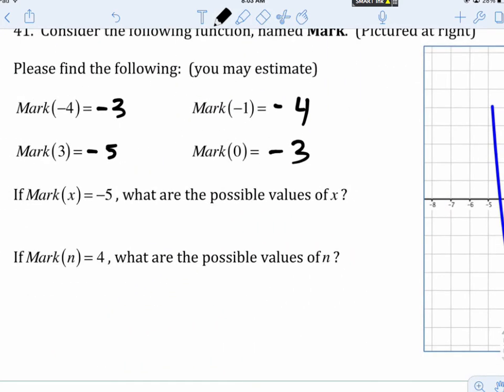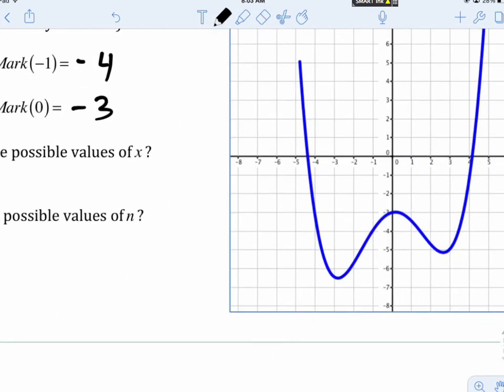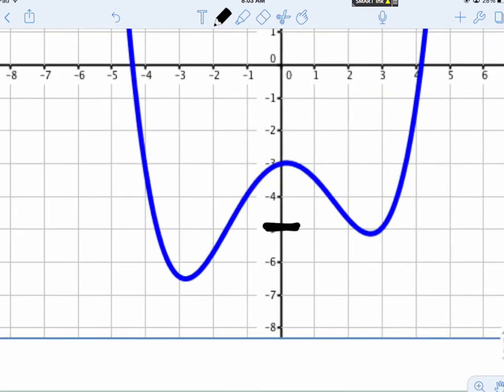Now, these last two are saying, if the output were -5, what could the possible inputs be? All right, so let's write -5 on our output. So there's -5. And, oh wow, it looks like we've got a couple of x values. We have this one, which looks like about -3.5. This one, which looks like about -1.5.